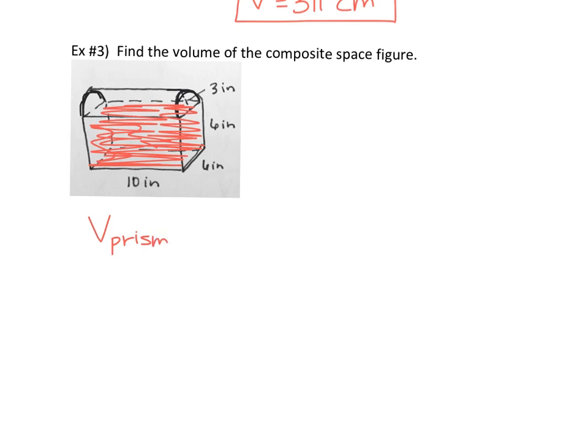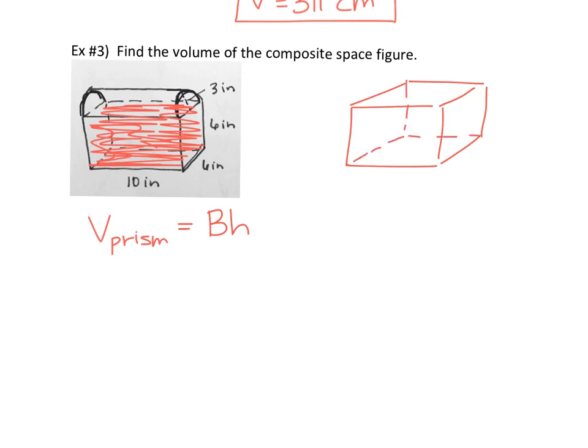So to find the volume of the prism, remember volume for a prism is the area of the base times the height. So I'm just going to redraw this so it's just the prism right now. Sorry, I didn't draw it to scale, but you'll get the idea. So in our setup for the prism, this is 10, 6, and 6.